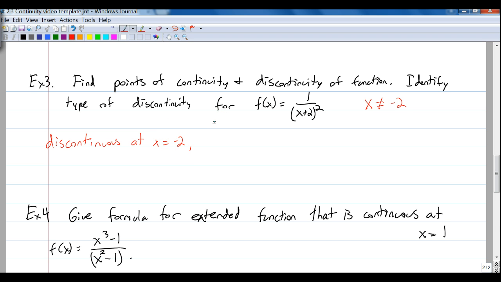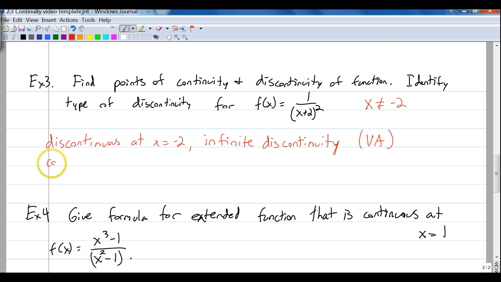And hopefully you guys realize that since nothing cancels out, it is an infinite discontinuity because we have a vertical asymptote there.